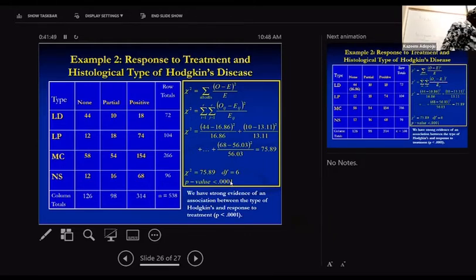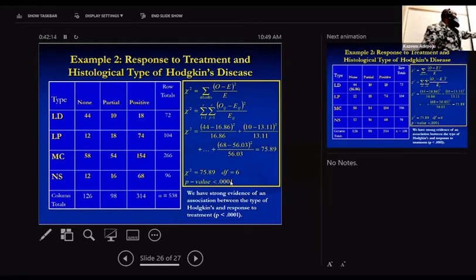And when the p-value is small, what happens? What do you have in the null hypothesis? The null hypothesis is trying to tell you there is no relationship between response to treatment and the type of Hopkins disease. But the alternative is going to say there is a relationship.